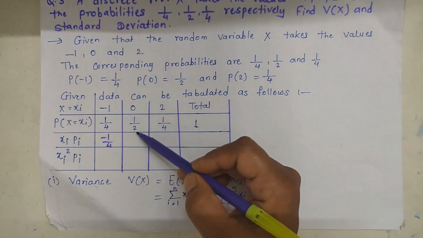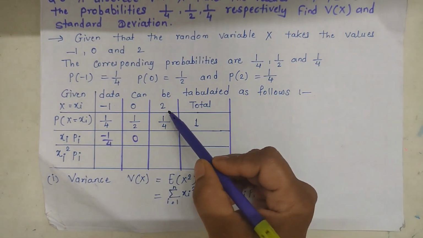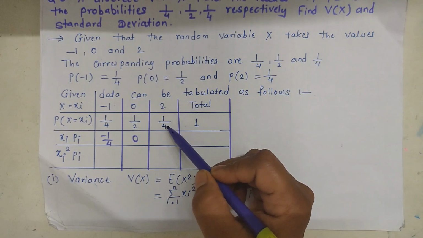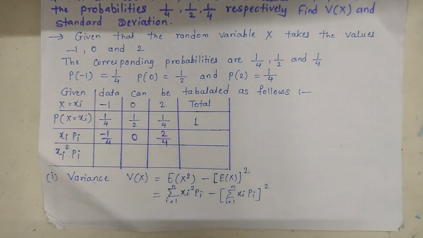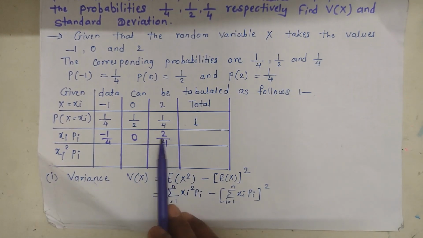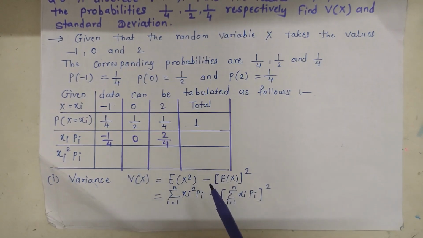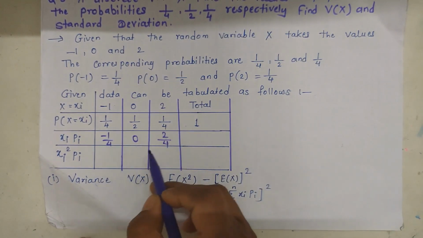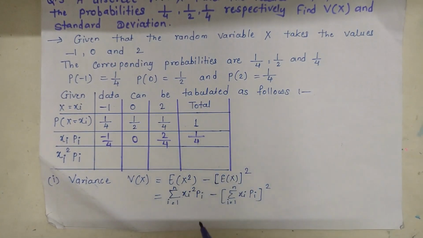Second product, 0 into 1/2, is equal to 0. Third product, 2 into 1/4, is 2/4. And the summation of all these values, -1/4 plus 0 plus 2/4, is equal to 1/4. So right here 1/4.